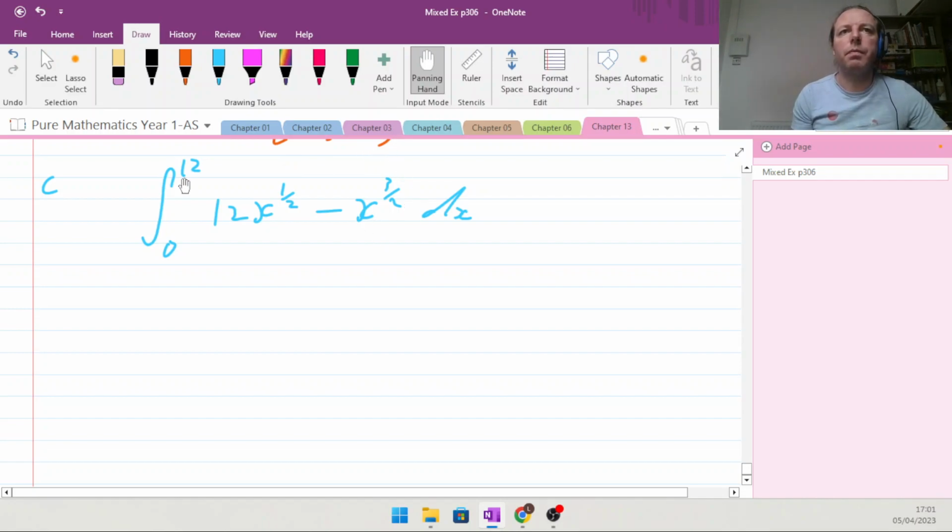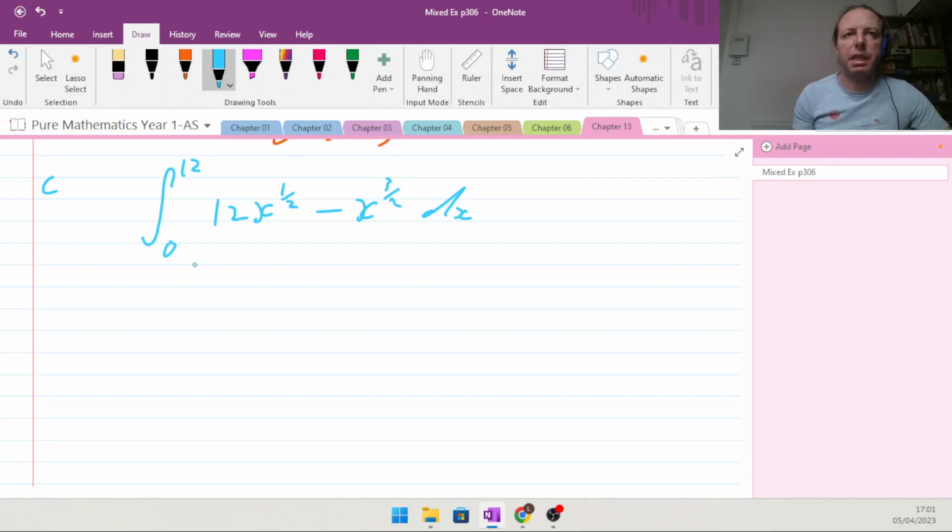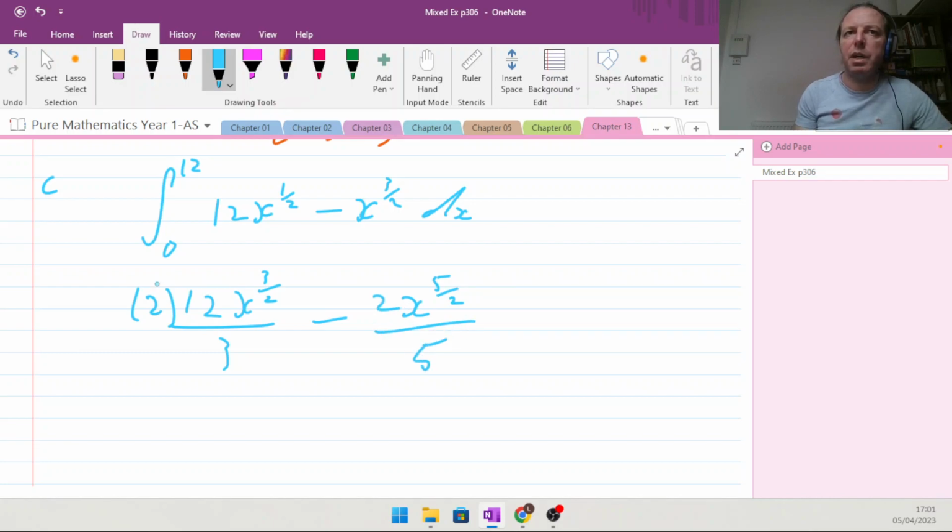So integrating that, we end up with 12x to the 3 over 2 multiplied by 2 over 3, minus x to the 5 over 2 multiplied by 2 over 5, between 12 and 0.